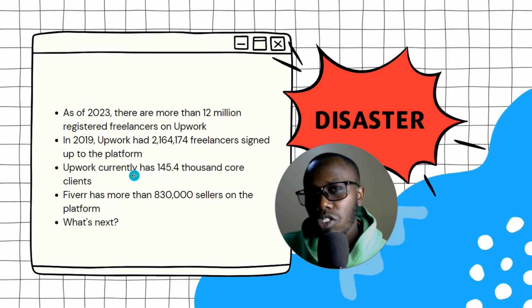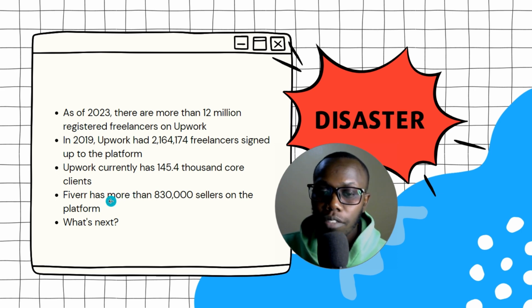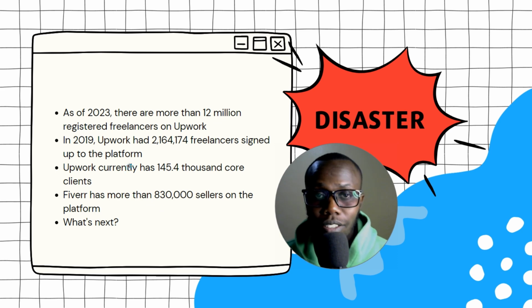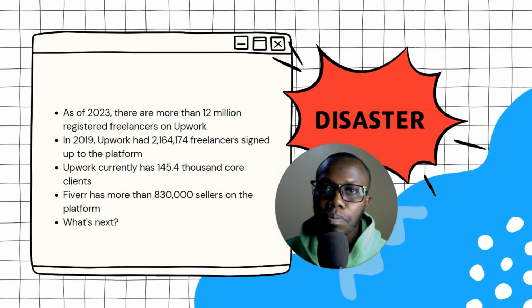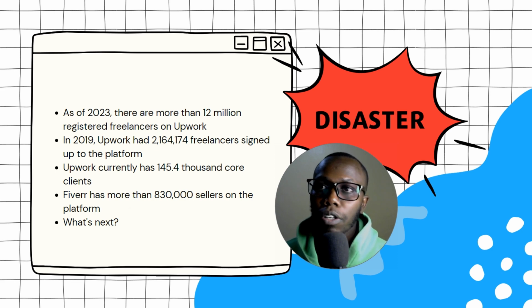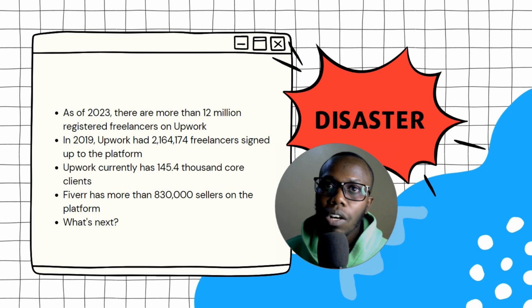That's not only on Upwork. We also have Fiverr, which has around 800,000 sellers. The working mechanism of Fiverr is slightly different from Upwork. On Upwork, you create your profile, you upload your portfolio, and then clients post jobs, and you apply to those jobs using your profile.